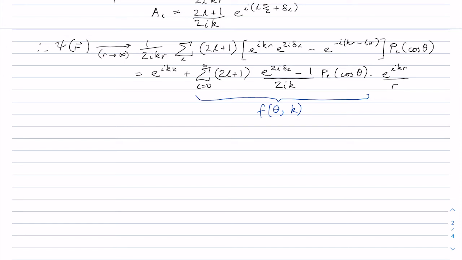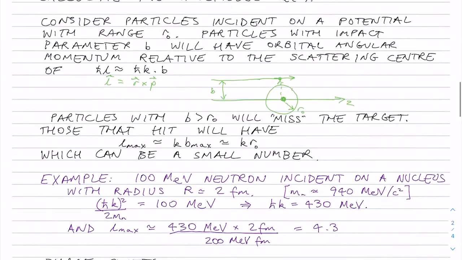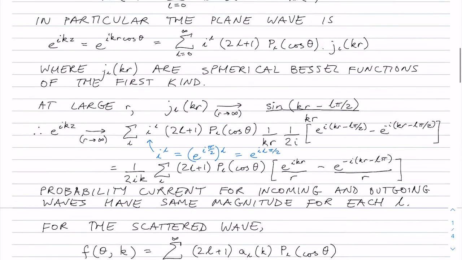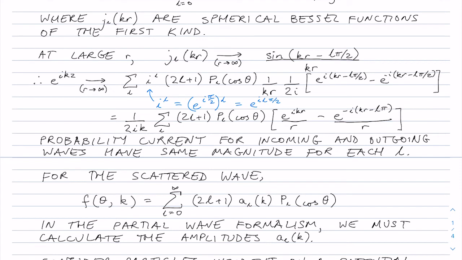f, and we can see that the scattering amplitude f of theta, if I compare that one with the one that I obtained earlier in terms of A, then I will get, so this is the A_L from our previous expansion of the scattered wave, shown here.